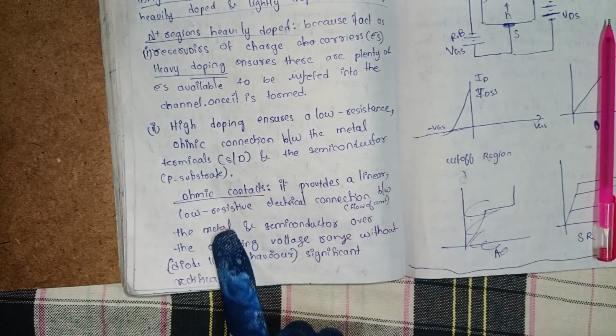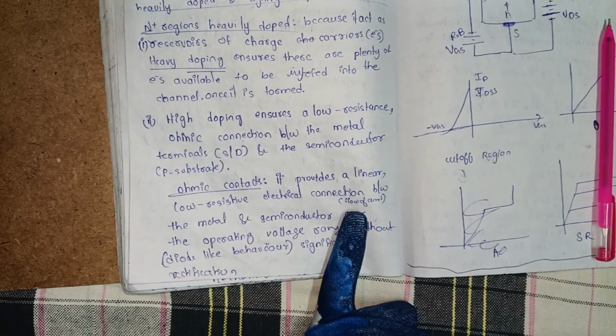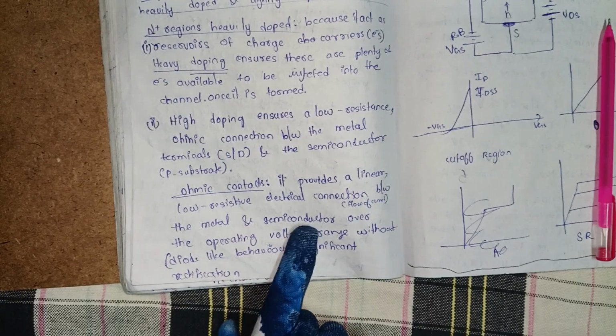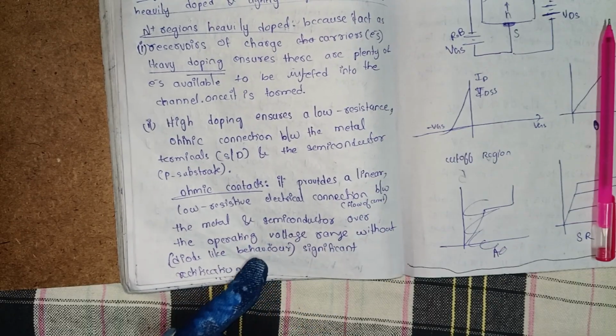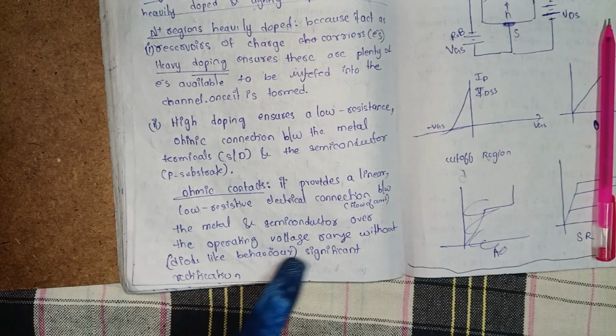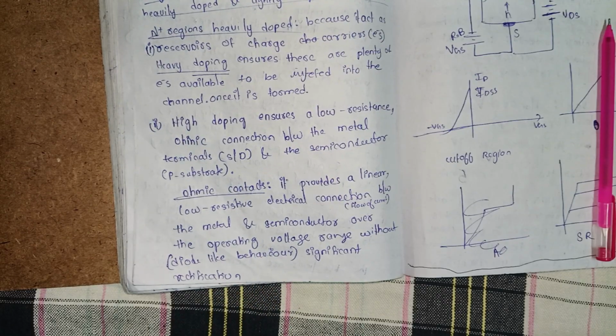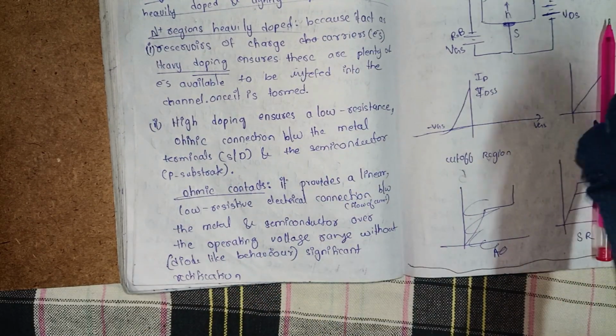Ohmic contacts provide a linear, low resistive electrical connection between the metal and semiconductor over the operating voltage range without significant rectification, meaning converting AC to DC.